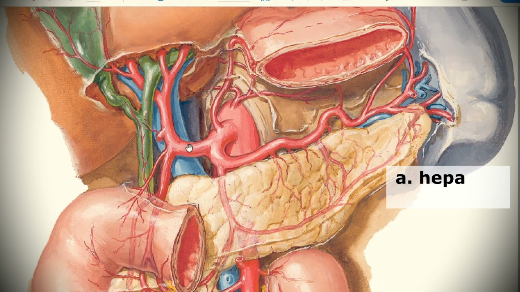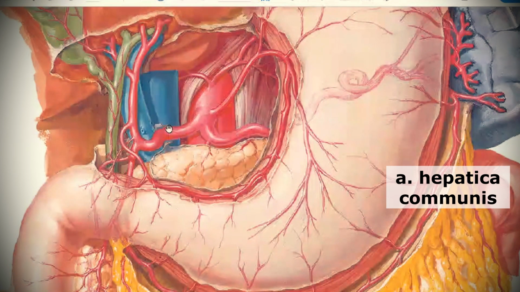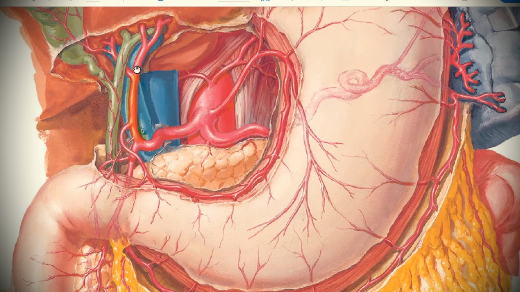Arteria hepatica communis. Common hepatic artery, as you can see, goes to the right and divides into two vessels. This ascending branch is called arteria hepatica propria, and this descending part will be called arteria gastroduodenalis. So proper hepatic artery, arteria hepatica propria.